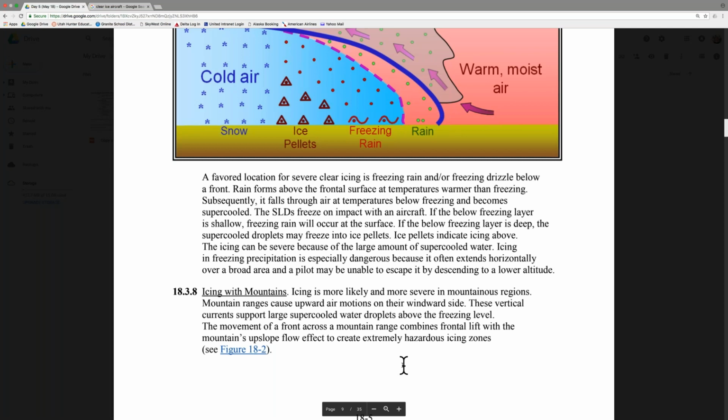Mountain ranges cause upward air motions on the windward side. These vertical currents support large supercooled water droplets above the freezing level. The movement of the front across the mountain range combines frontal lift with the mountain's upslope flow effect to create extremely hazardous icing zones.